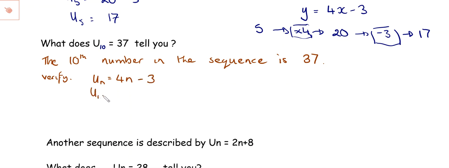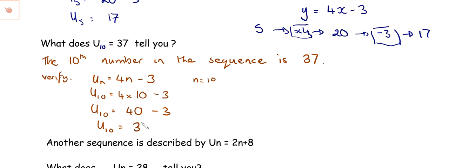So U10 would be 4 times 10, because n equals 10, minus 3. So U10 is equal to 40 minus 3, which is 37. So the 10th number would be 37.